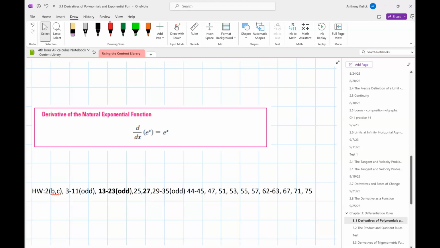So next time, we're going to look at two other derivative shortcuts to deal with if you have the product of two distinct functions that you can't combine into a single thing. Like we had x times the square root of x, but we just wrote that as x to the 3/2. But if I had x times e to the x, there's no simplifying I can do on that.